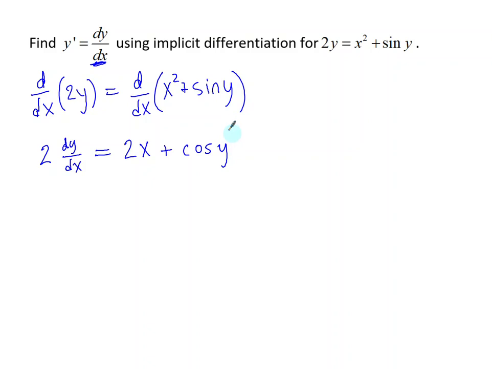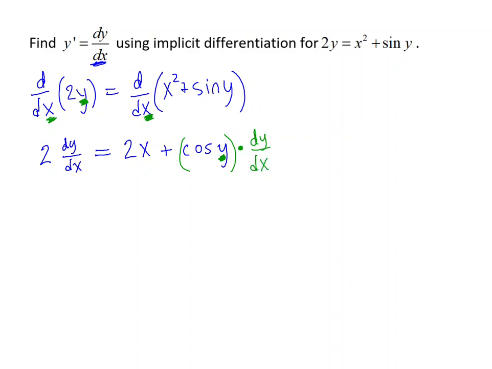So I have to think about using my chain rule. Notice that my variable is y, but I'm taking the derivative with respect to x. Just like over here, when the function is y and I'm taking the derivative with respect to x, I have dy/dx as part of my derivative. Over here, I have cosine y, and then the chain rule, the derivative of the inside, dy/dx.